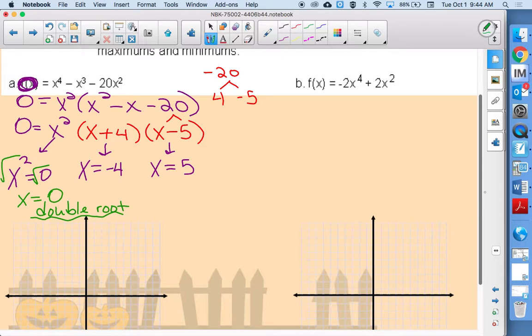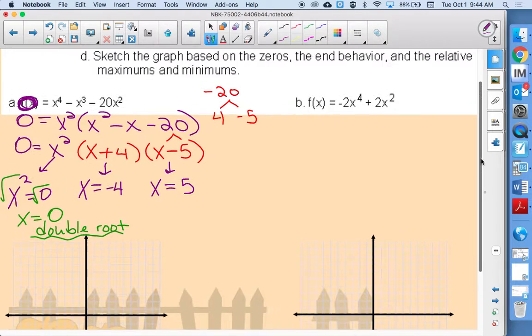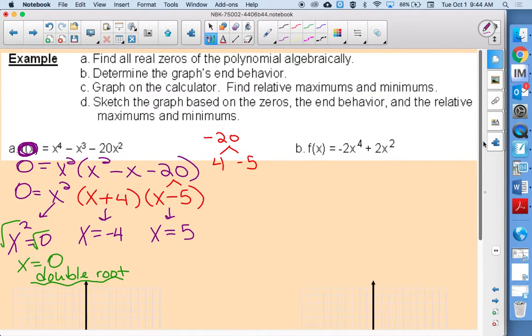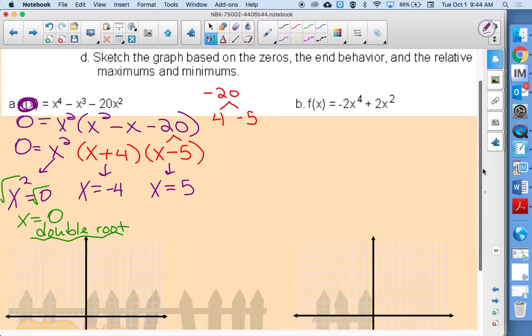So looking at the last one right next to it, we're going to do the same thing. We're just going to do the first part. So this is part A, where it says find the real zeros of the polynomial. So set it equal to 0. Reese, what would you do to factor this one? What could we do? You take out a -2x squared.